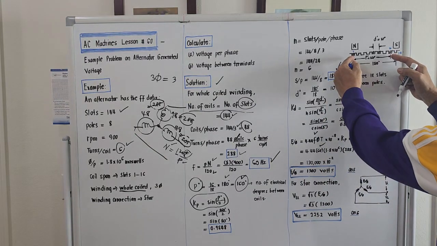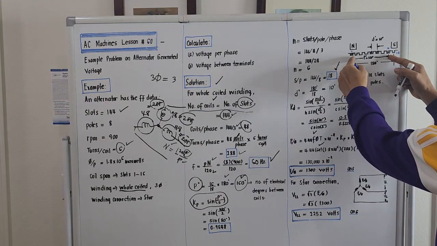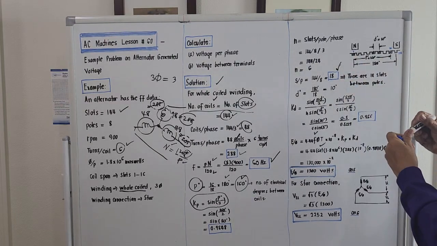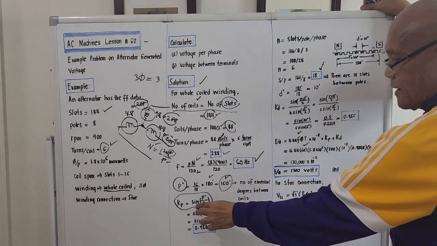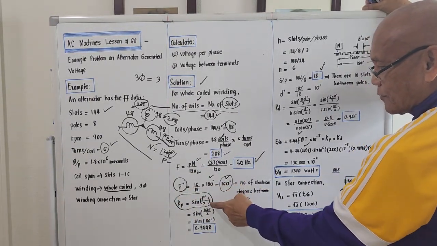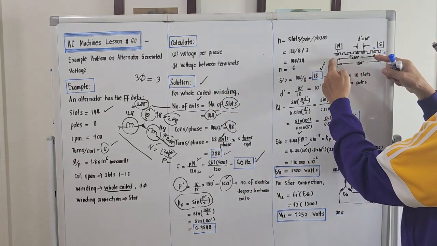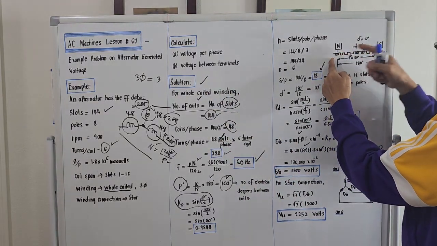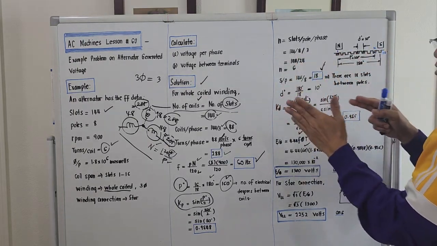This is 160. And this is needed in the computation of the pitch factor. Because pitch factor is actually the sine of the quantity P degree over 2. And since we now know P degree is 160, it enters at 1, it comes out at 16, and that represents 160 electrical degrees.